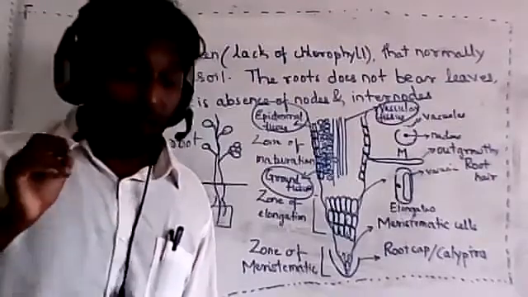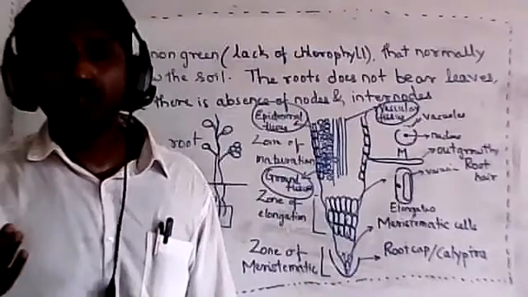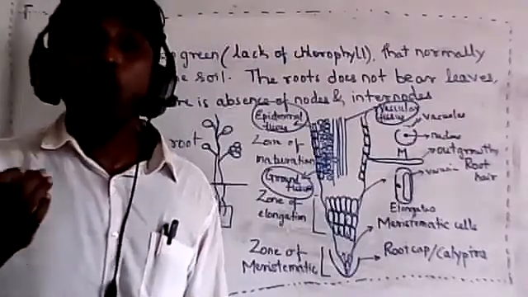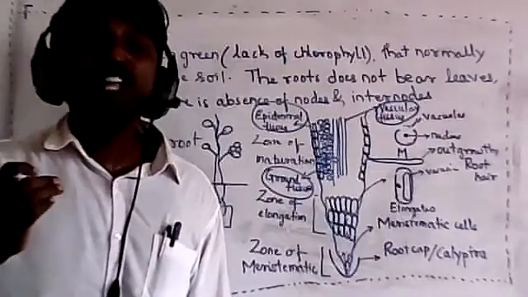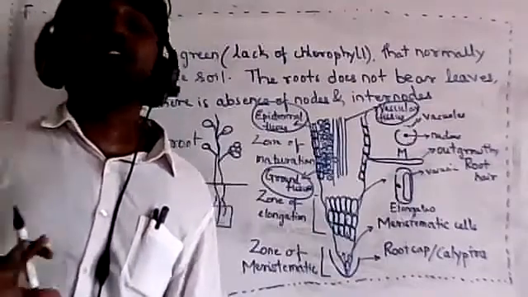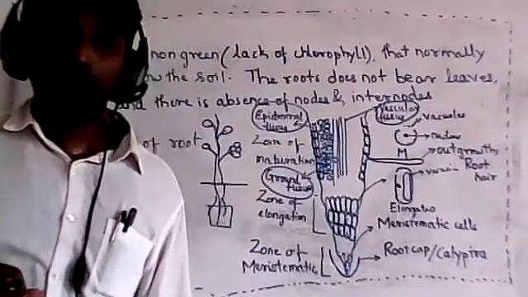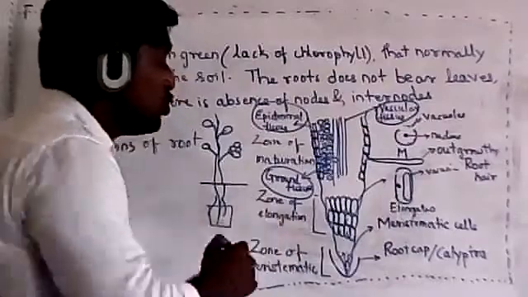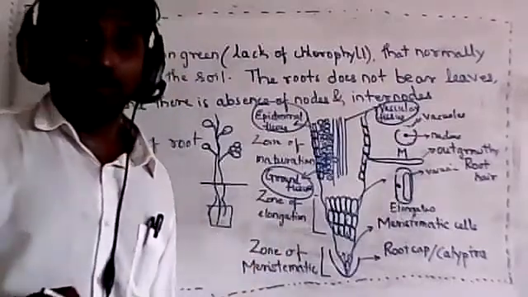They will also ask in which zone of the root the vacuole is elongated. So it will be in the zone of elongation.